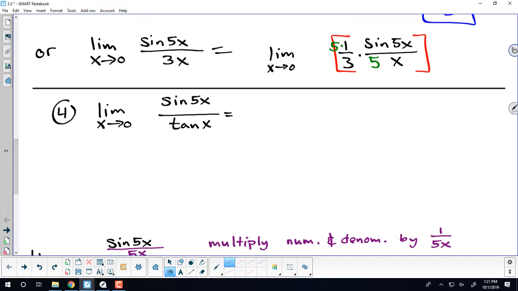We need to say that this is the limit as x approaches 0. Divide top and bottom by 5x, right here.